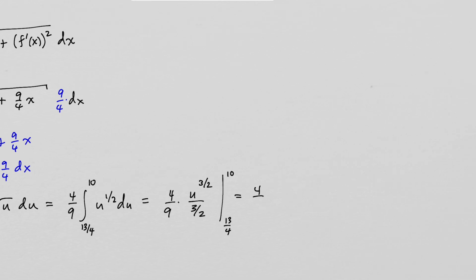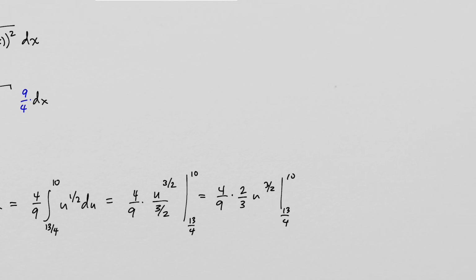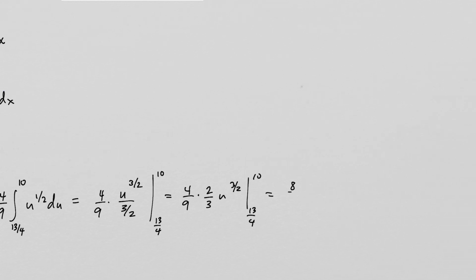Doing the math here, we have 4/9 times 2/3 times u to the 3/2. And this is equal to 8/27 multiplied by, now we just need to plug 10 and 13/4 in for u. So we get 10 to the 3/2 minus 13/4 to the 3/2.